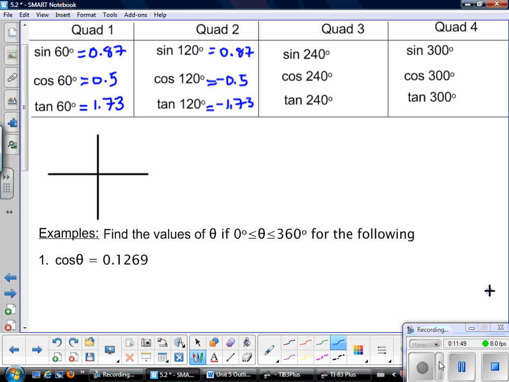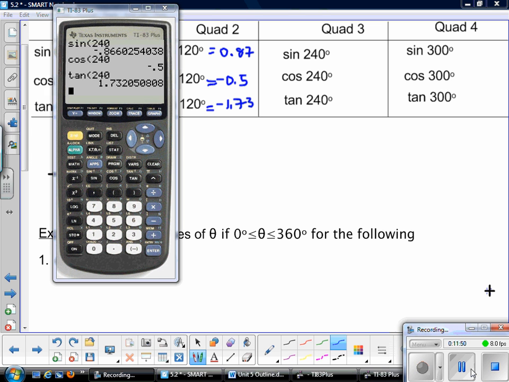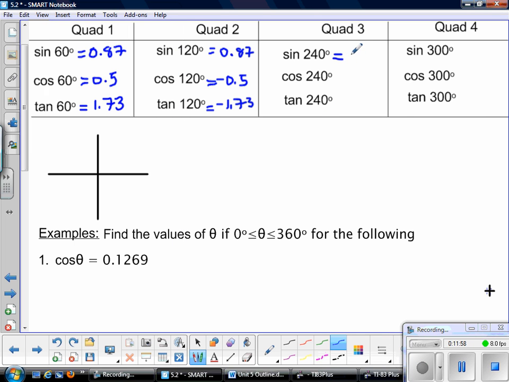Okay, now let's try it with 240. And again, you can see that we have the same numbers, except again, we have some different ones that are positive and negative. So this time, this is negative 0.87, negative 0.5, and you should remember tan is sine over cos, so this was positive 1.73.